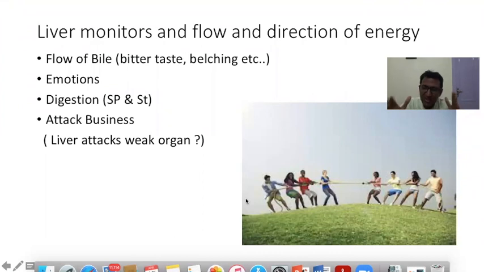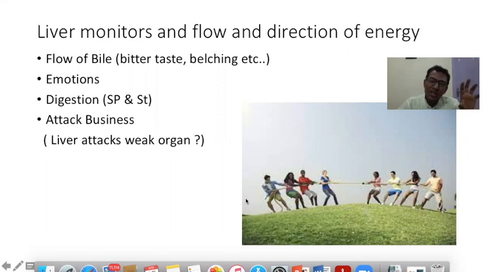Something very similar is happening over here also. Every organ has its own energy and it is in balance with the other organ. And we have heard that liver is never deficient. It can be in normal functioning or it can be excess. It will never be deficient.